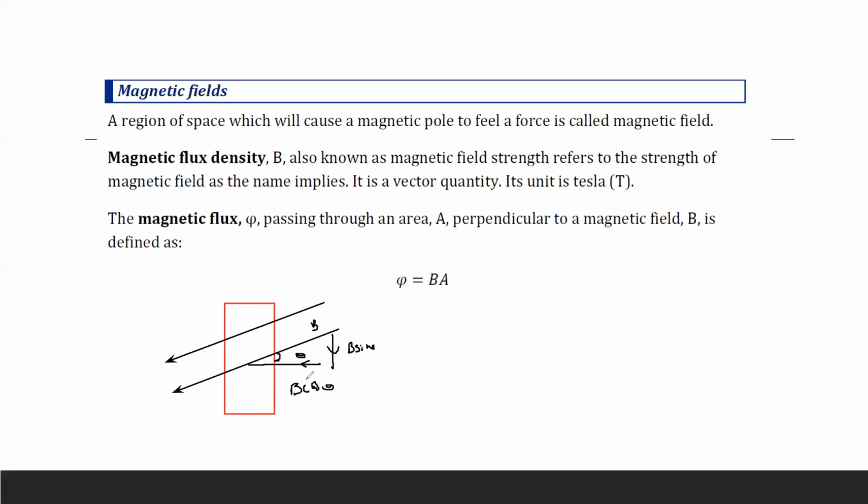In this case, if we need the flux, the area is given. So how to get the magnetic flux? We always take the component perpendicular to the surface. Perpendicular to the surface is B cos theta in this example. So flux is B cos theta times A.